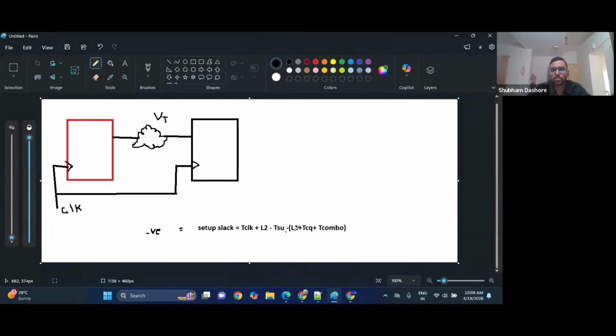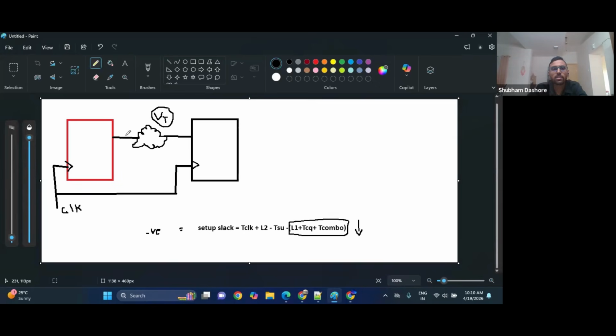One way to improve is to reduce this part, right? How can we reduce it? By reducing the T combo logic delay. If I am seeing this setup violation, I can change the VT cell here.